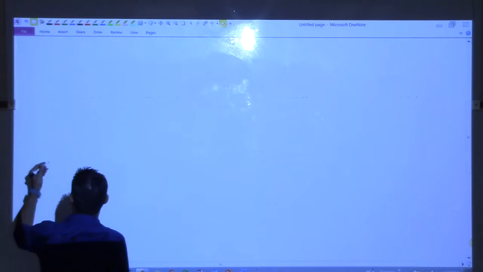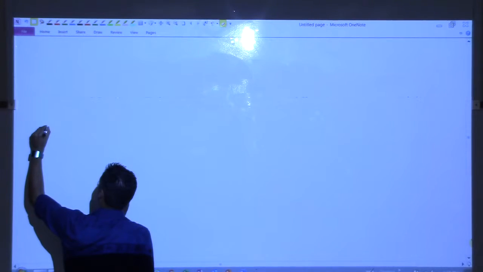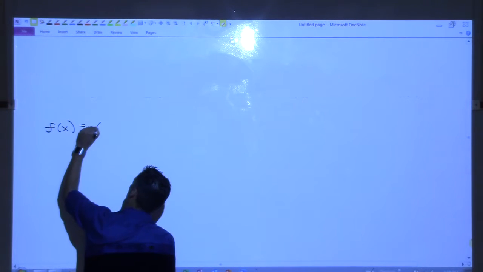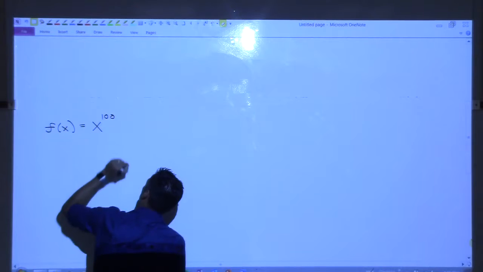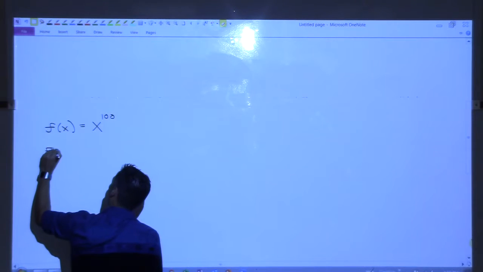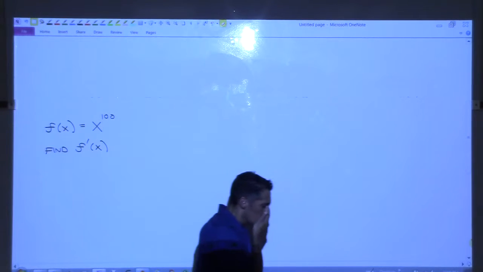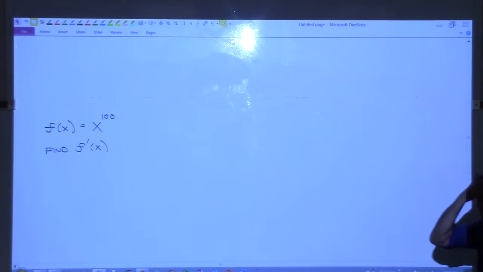All right, so here we go. f of x is x to the 100th power. Find f prime of x. All right, so how do we do this?